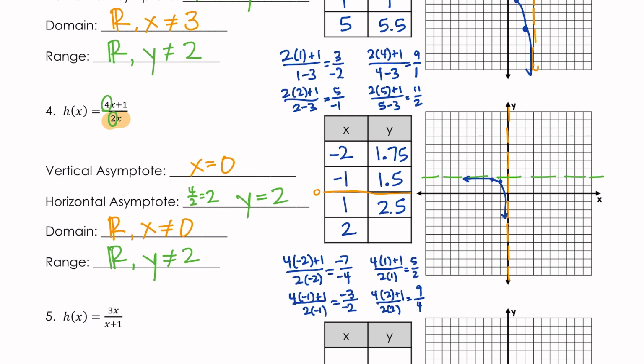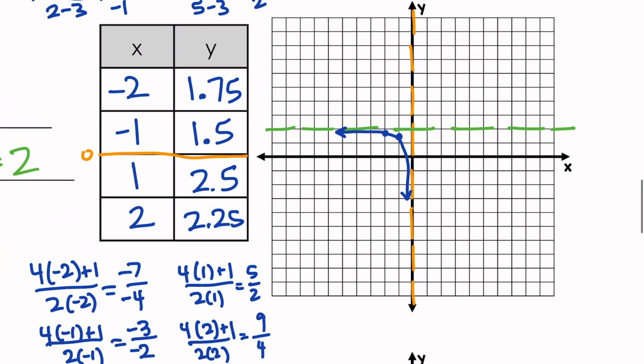So 9 fourths is 2.25. Okay, so these ones are going to be just above our green line, 1 comma 2.5 and 2 comma 2.25. Try and get it in there. Okay, so again, very close to our asymptotes, but still curving along them.